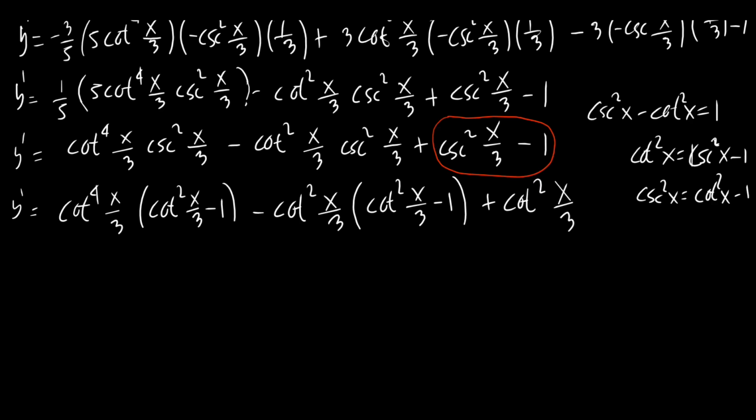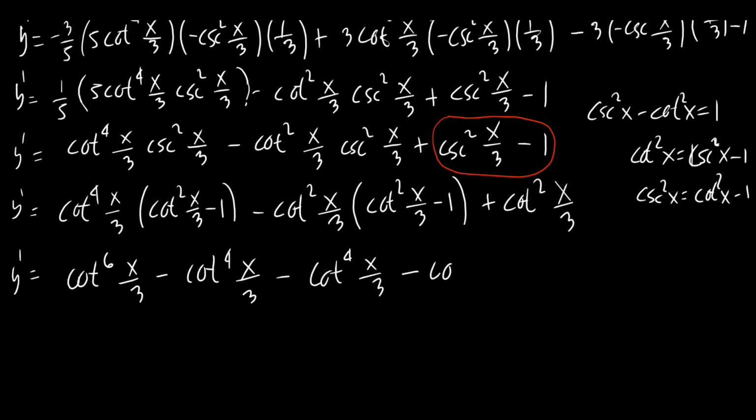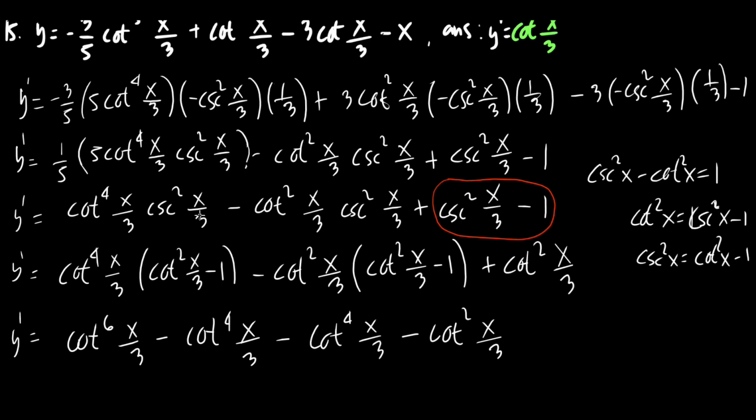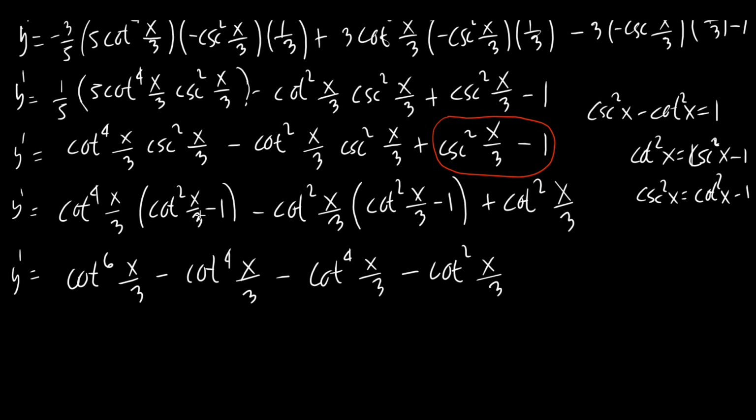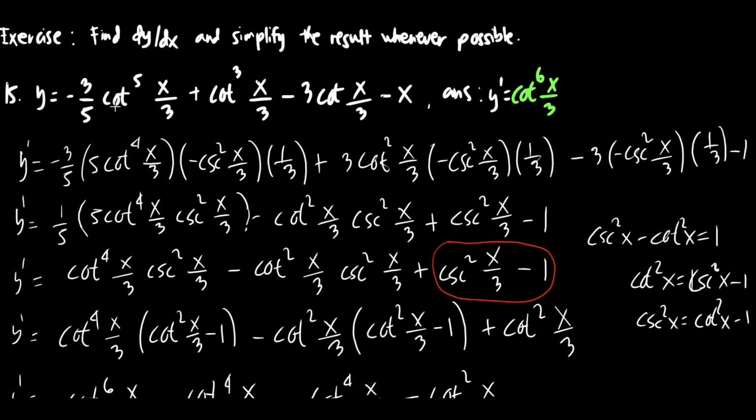So for that one, we have y prime is just equal to cotangent 6x over 3 minus cotangent 4x over 3 minus cotangent squared x over 3. So we'll just review further.